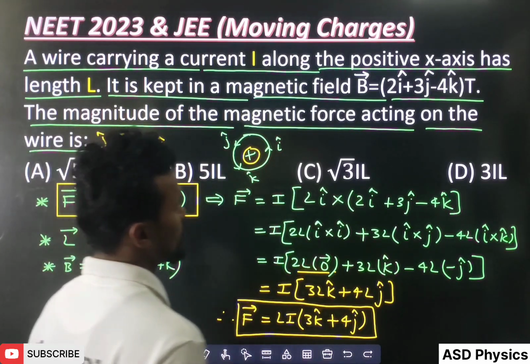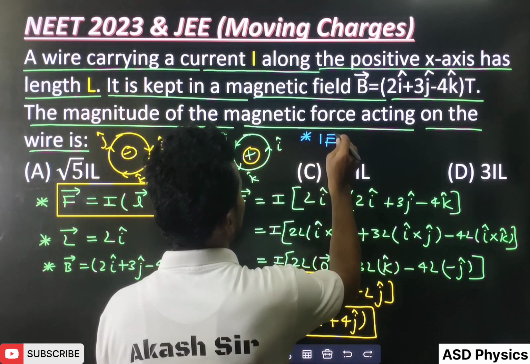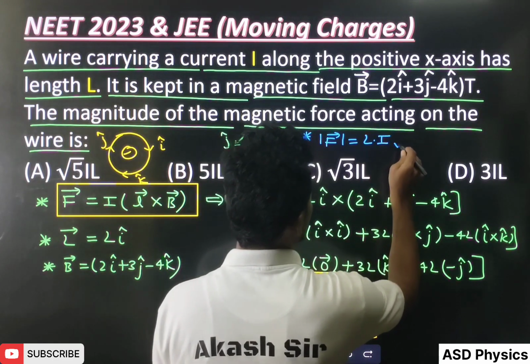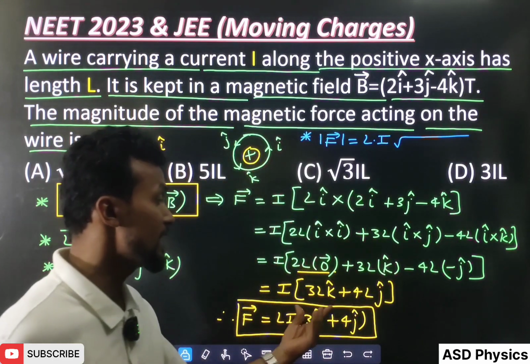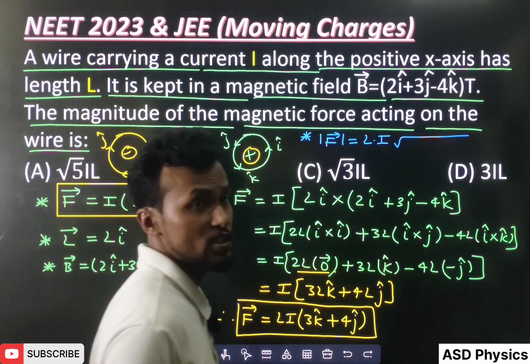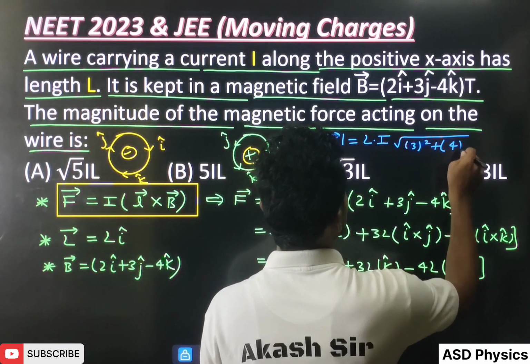So to calculate the magnitude of the force, L into I as it is, times the square root of the coefficient of k cap squared plus the coefficient of j cap squared. So 3 squared plus 4 squared.